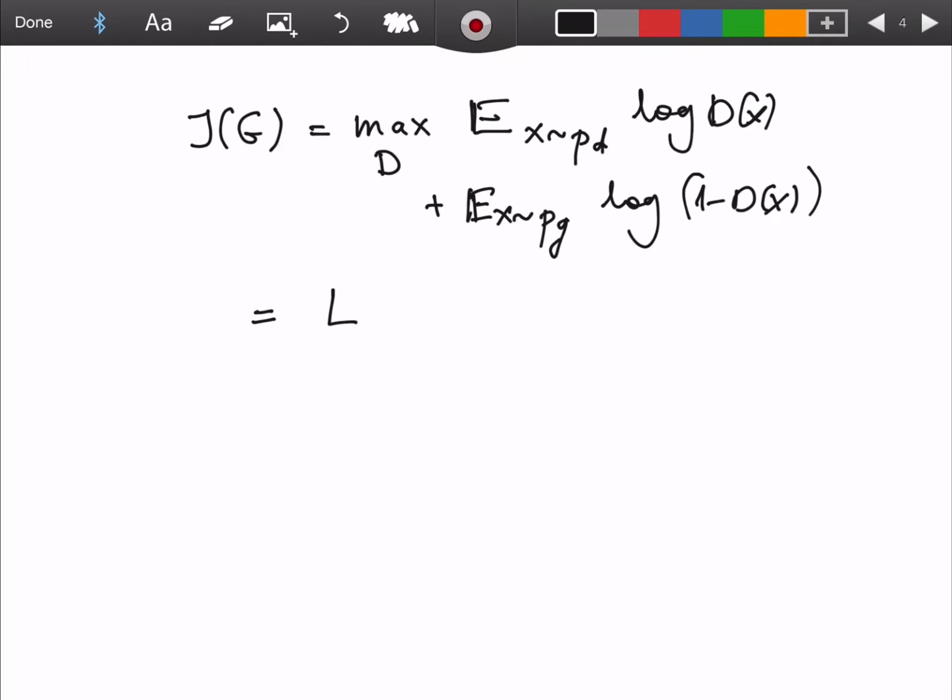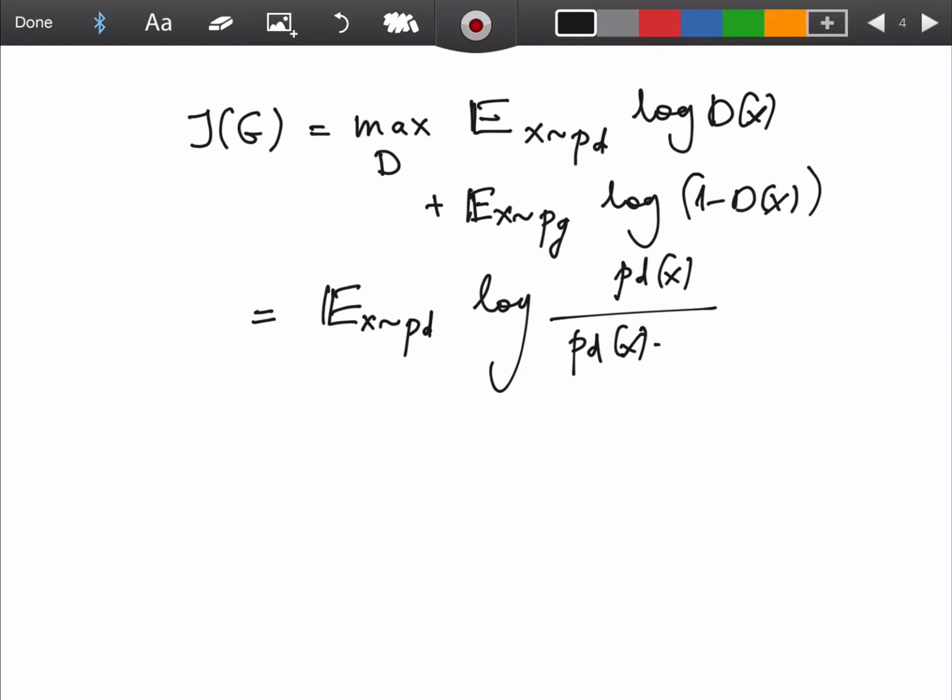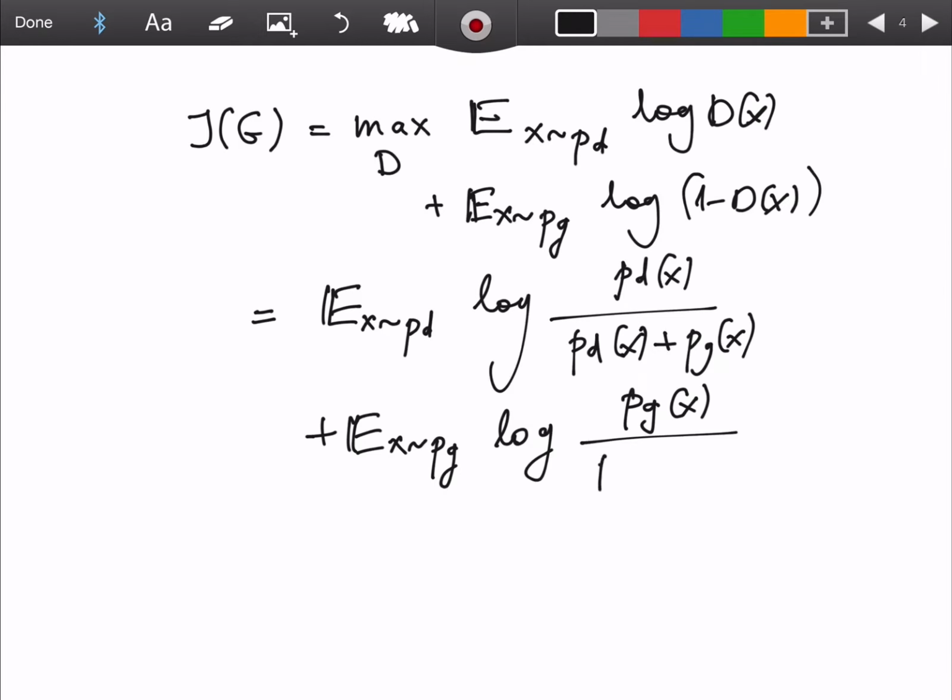We have E over x from PD of log PD(x) over (PD(x) plus PG(x)), plus the expectation over x from PG of log of 1 minus D(x), and you see this denominator, it will obviously be PG(x) over (PD(x) plus PG(x)). Any objections?